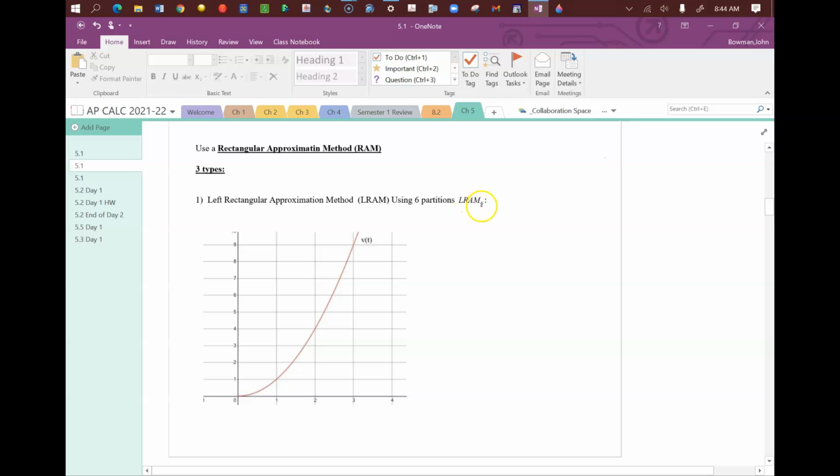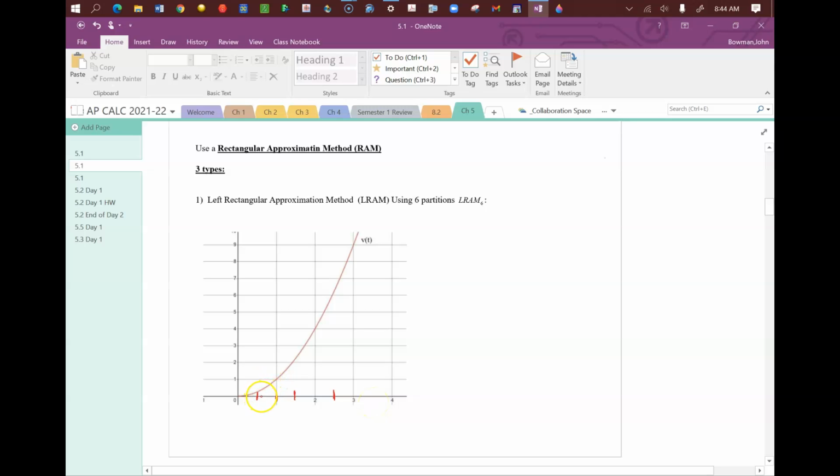In this example, it says use 6 partitions, which is abbreviated LRAM, or left rectangular approximation method, subscript 6. Since we are going from time 0 to time 3, we are going to have 1/2 second increments, and that will break it up into 6.